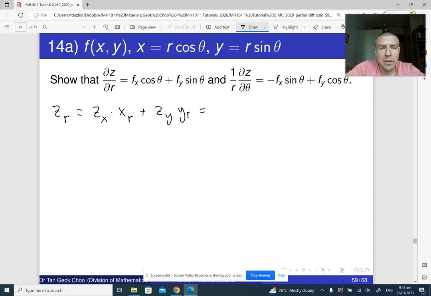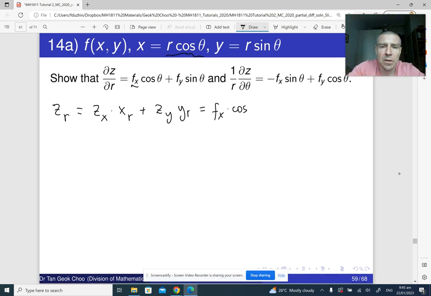The derivative of z with respect to x, we don't really know it, so we could replace z with f, since here we have f. So fx times the derivative of x with respect to r. So this is our x, so its derivative with respect to r is just cosine theta, plus zy is fy.